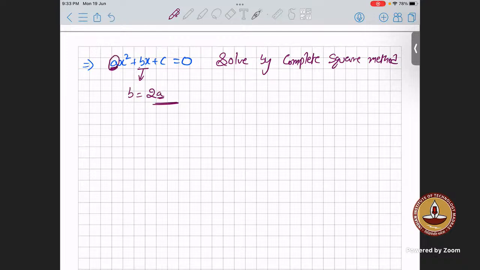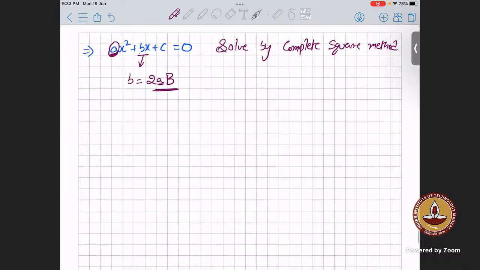And we don't know, so I am putting it as capital B. Agree? What is happening is that 2AB, this one must be equal to this small b. I'll leave aside the discriminant. I'm just putting capital B.